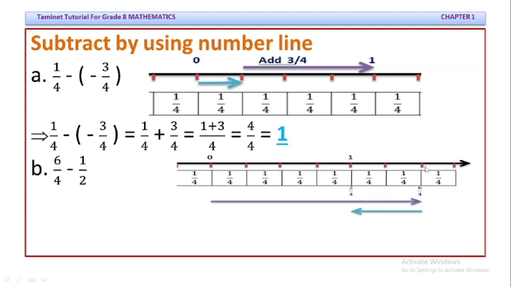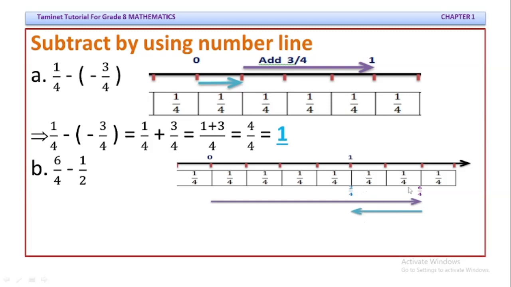This point on the number line determines the value of 6 over 4, and then we try to determine 1 over 2 on the left side. When you subtract a number, our arrow is on the left side. The arrow must indicate the left side of the number to show a subtraction. So this is the value of 6 over 4 minus half.